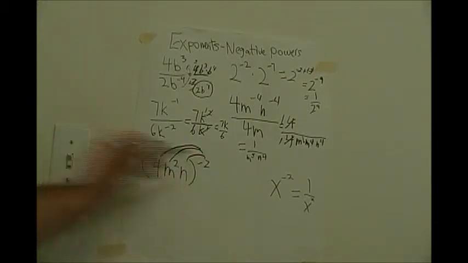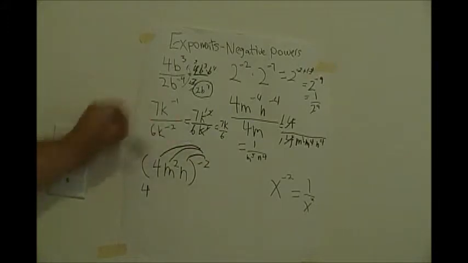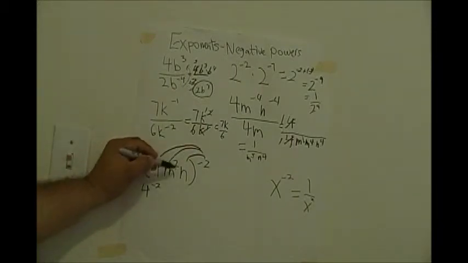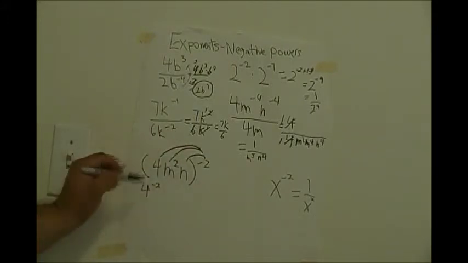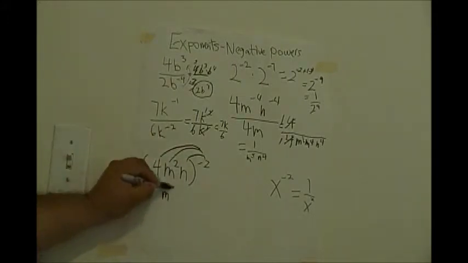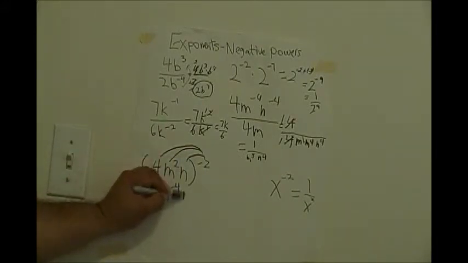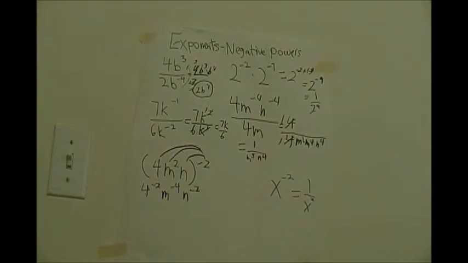So then this becomes 4 to the -2, right? Not 4 times -2, but 4 to the -2. And then here, m squared to the -2. What we do is multiply the two powers out, right? 2 times -2 is m to the -4. And then here we have n to the -2.